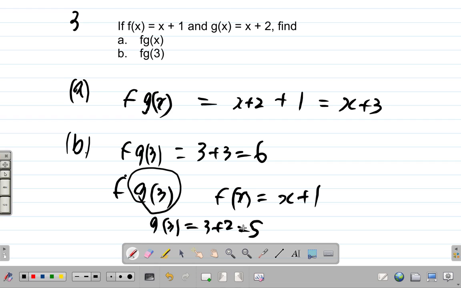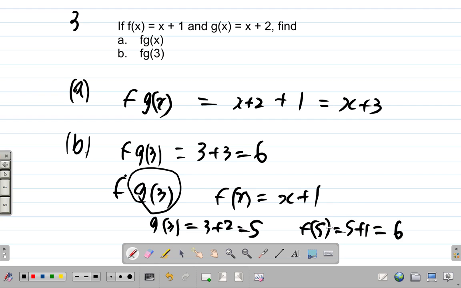Now, f of that, f of 5 is going to be, well, f of x is x plus 1, so f of 5 is 5 plus 1, which is 6. You get the same thing here. So that is another way of working it out.